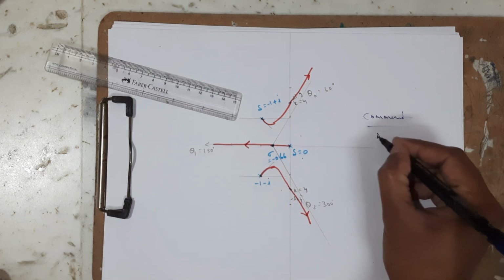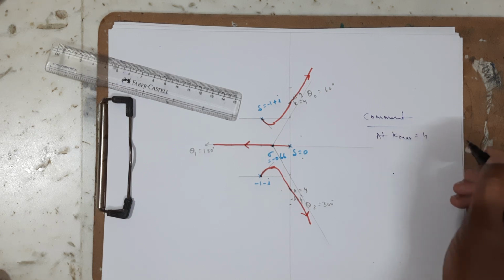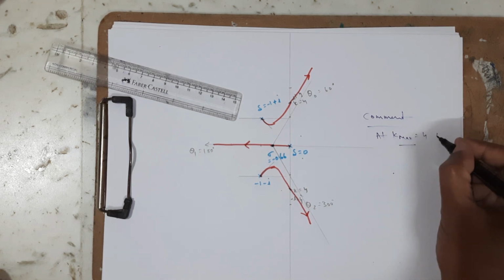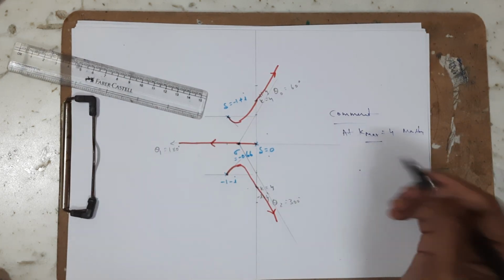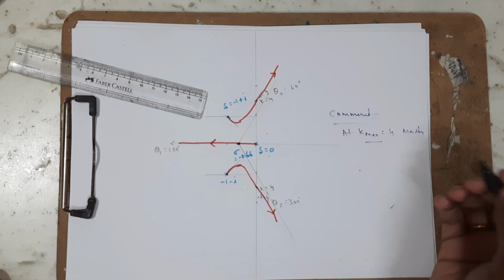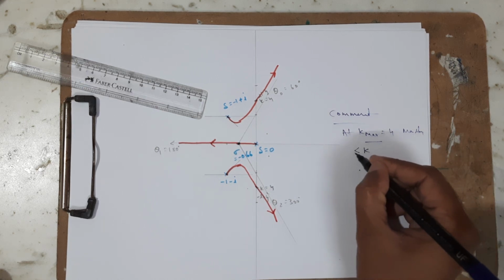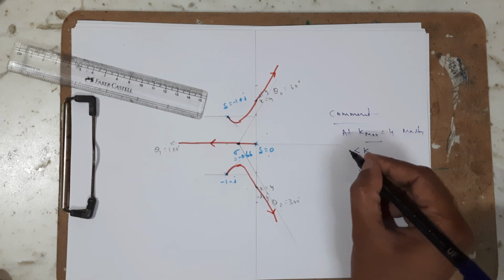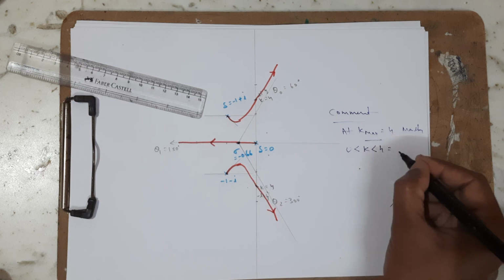At K margin, that is equal to 4, the system is marginally stable. Therefore, what is the stable region? K must be greater than 0 and it should be less than 4. This is the stable region.